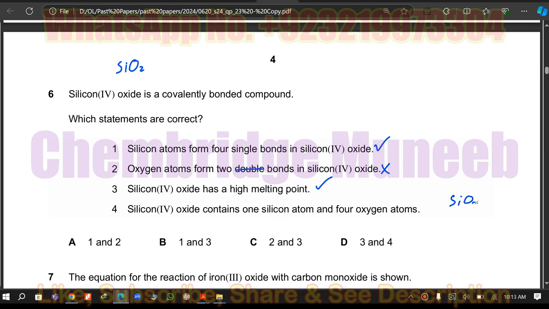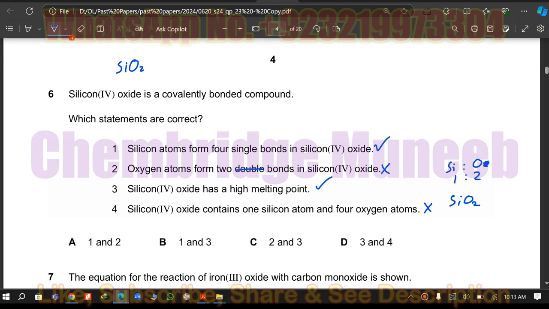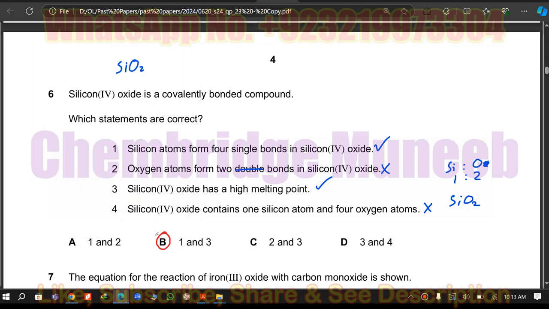Instead we have to check this in the simplest form of the silicon oxide formula, where there is a ratio of 1:2. Si to oxygen is 1:2. So there is 1 silicon atom for 2 oxygen atoms. That's why option 4 becomes incorrect. Because of this, we can clearly see that the right option is B.